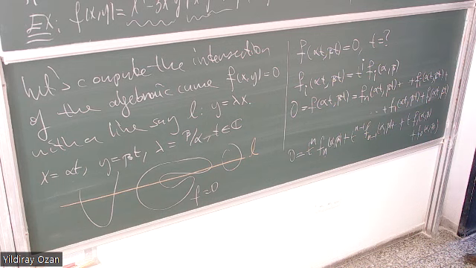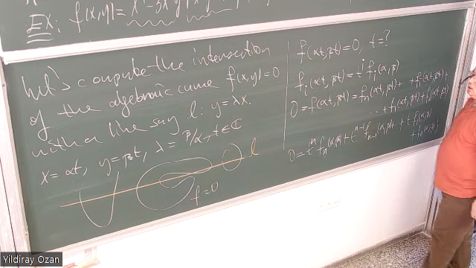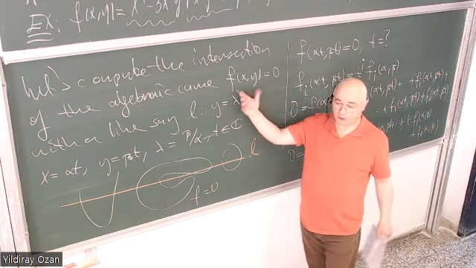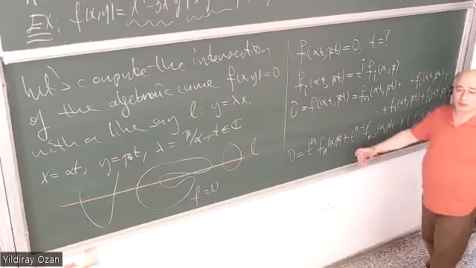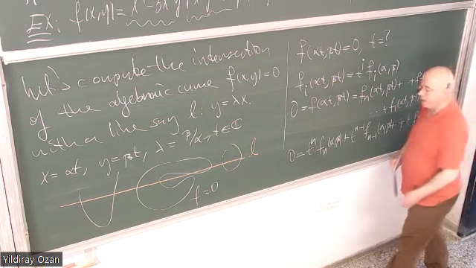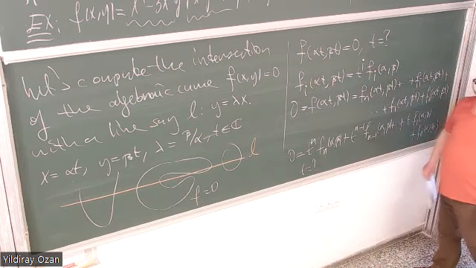Now, what happened? Our equation was a polynomial in 2 variables, but now I obtained an equation that is a polynomial in 1 variable, and that variable is just t. So we just need to solve this equation.